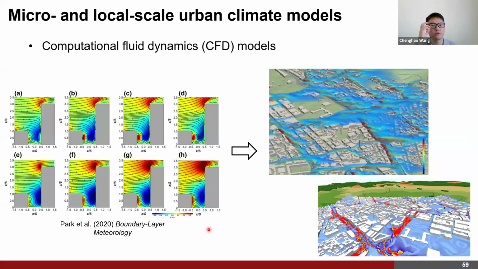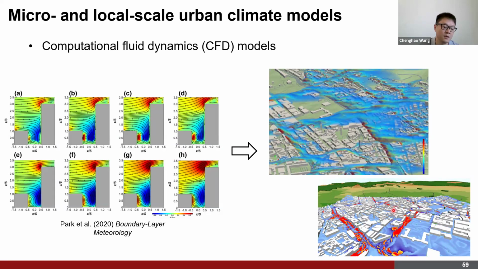So one thing I do want to mention is that although historically these CFD models for urban climate studies often have relatively simple geometry, for example, the two-dimensional representation of an urban street canyon, with the development of computational power, we are now able to model the entire urban neighborhood or even the entire city using CFD models.